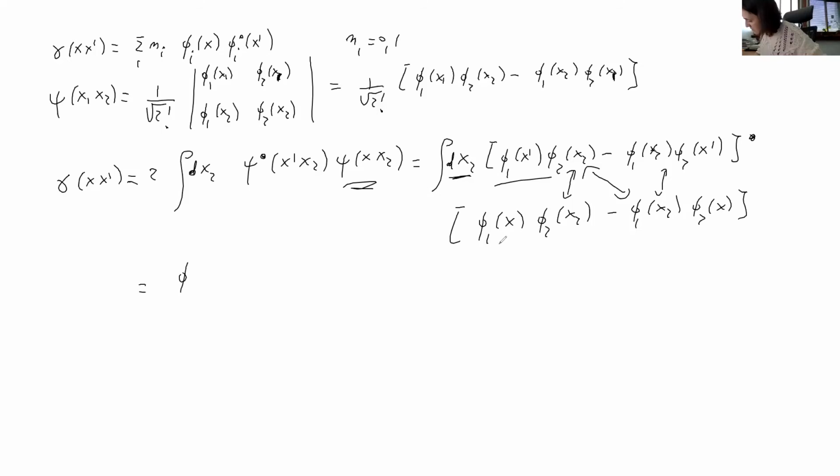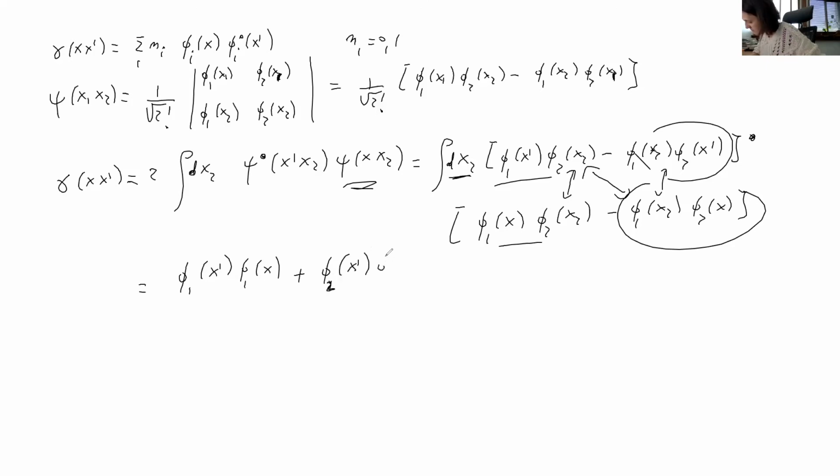So I'm left just with the 2 products which survive. I have this times this, and then I have this times this, plus and this can be written in a compact form as the summation over i of phi i x prime, and then star, and this is star.